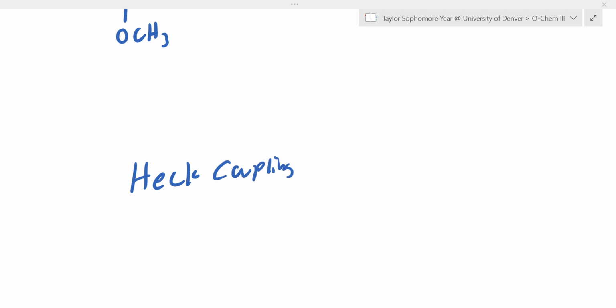Now lastly, I think the most important, and my favorite, is the Heck coupling. And this coupling is pretty interesting because the insertion step must occur in a syn manner, and that's because the reaction is intramolecular.